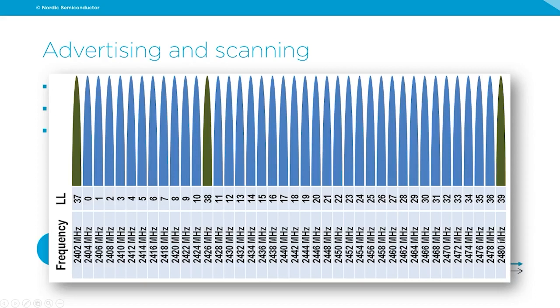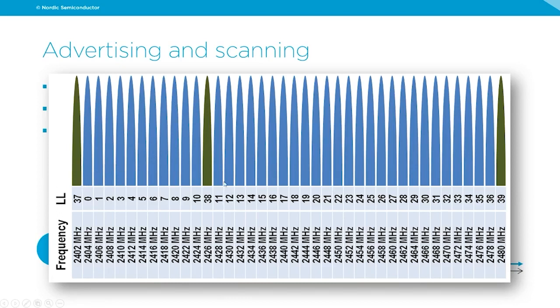Here is the spectrum for Bluetooth Low Energy. We have 40 channels, each 2 megahertz wide, and you can see that channels 37, 38, 39 are located here. The reason these channels are selected for advertising is that they have the least activity from Wi-Fi.